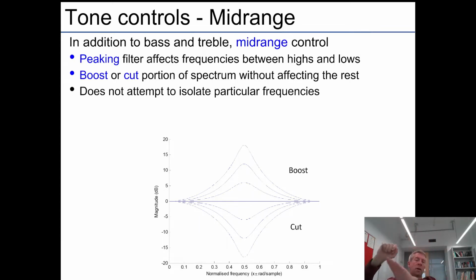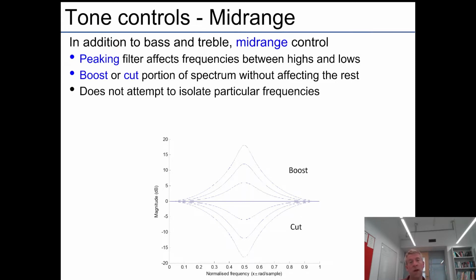And similarly, after the boost or cut of the mid-range, then the high shelf kicks in. So this mid-range control is implemented with a peaking filter, giving similar behavior to the low and the high shelf, but now it's operating over a range of frequencies somewhere in the middle of the signal.